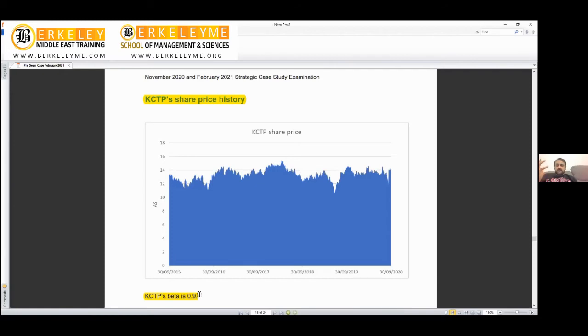So let's discuss a bit about beta. In finance, we have words like beta, gamma, alpha, delta, which have different meanings. Every situation has a different word. Beta is a measurement of volatility.